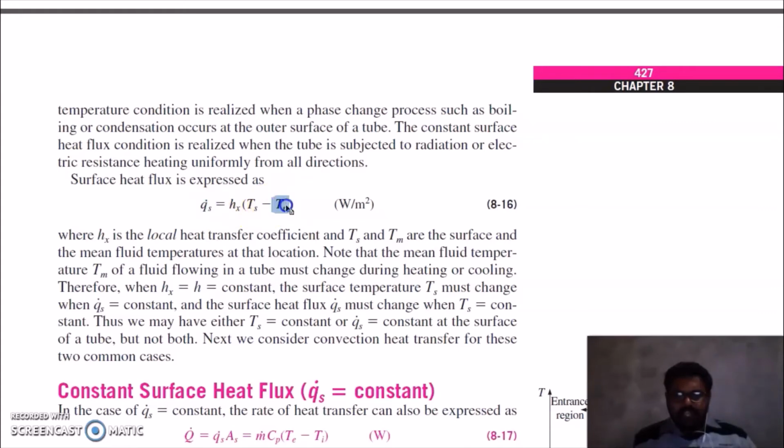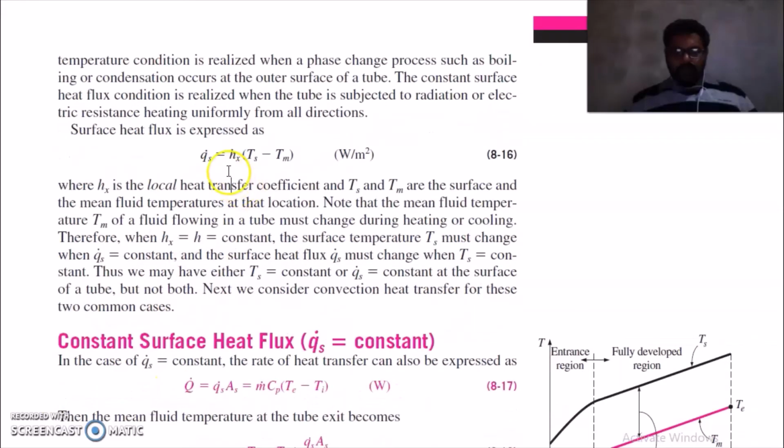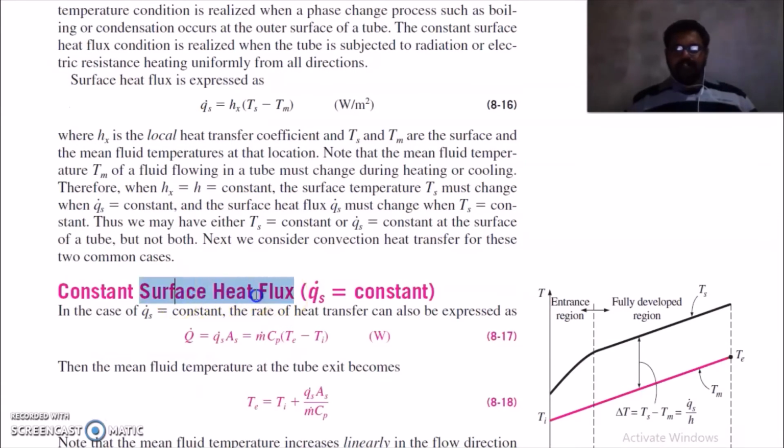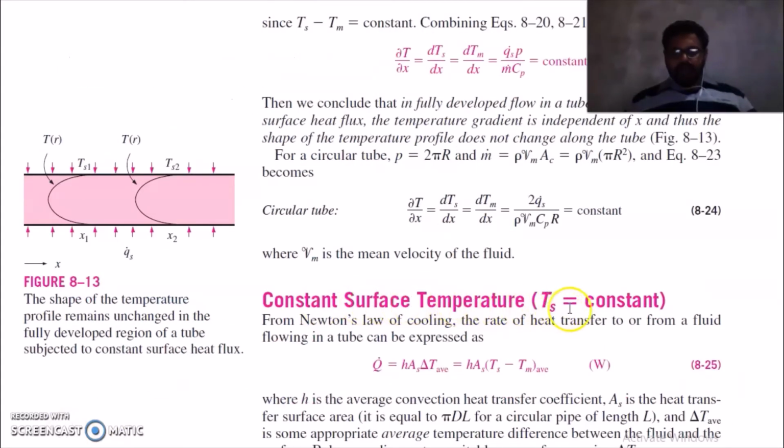Meaning if Tm changes, with h constant and qs constant, Ts must change to keep these two values fixed. So in a nutshell, either Ts must be constant, that is one condition, or qs must be constant, but both can't be constant simultaneously during a heat transfer process. So there are a total of two cases: constant surface heat flux, and constant surface temperature Ts, as in the heat exchange process in a heat exchanger.